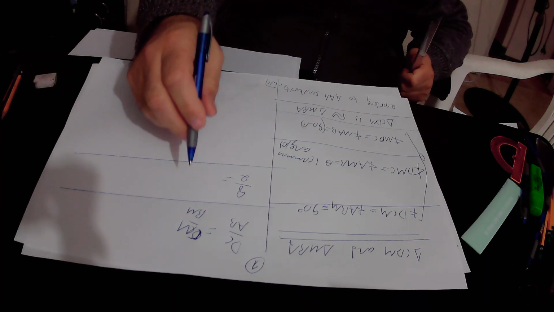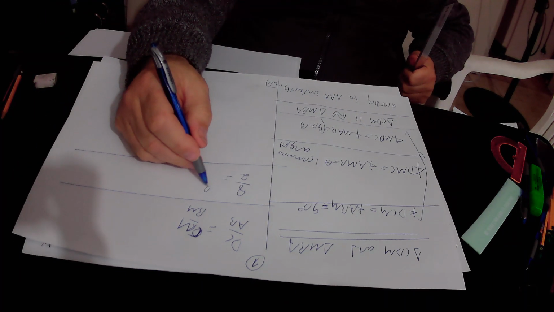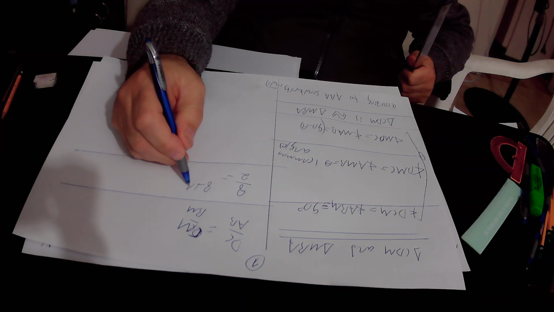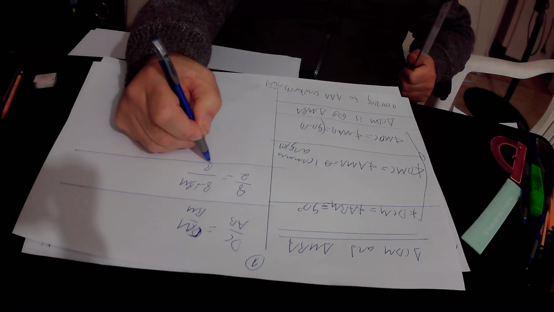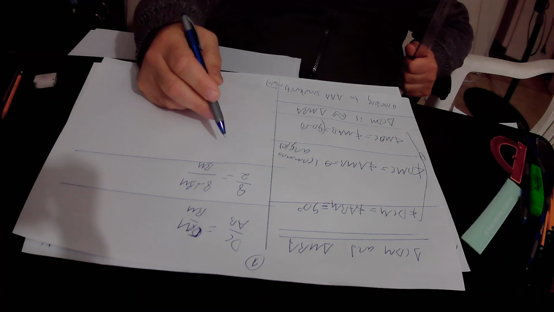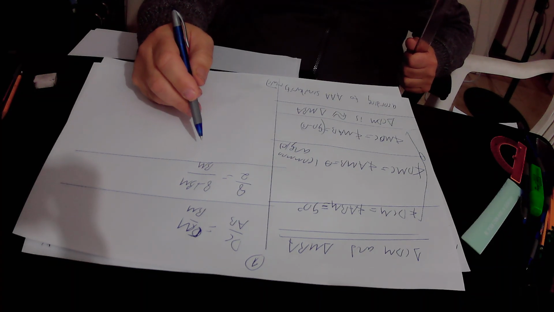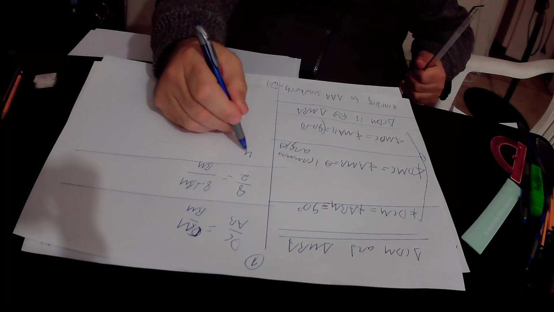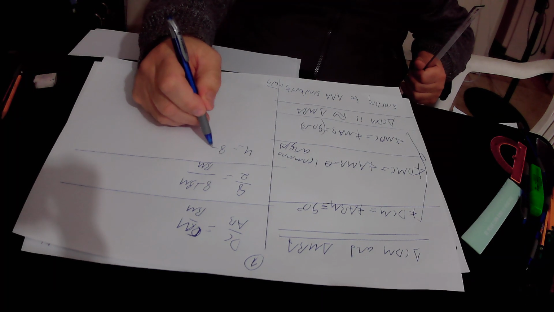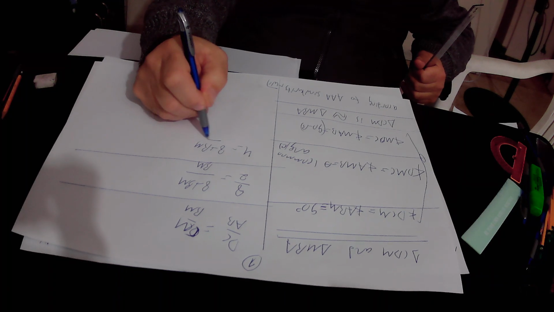So here we substitute CM by 8 plus BM, and we divide it by BM. In conclusion, we found that 8 over 2 equals 8 plus BM over BM. Here 8 over 2 is 4, so 4 equals 8 plus BM over BM.